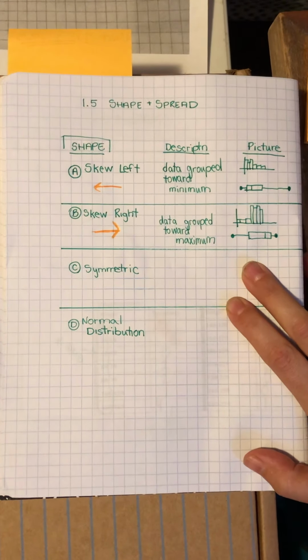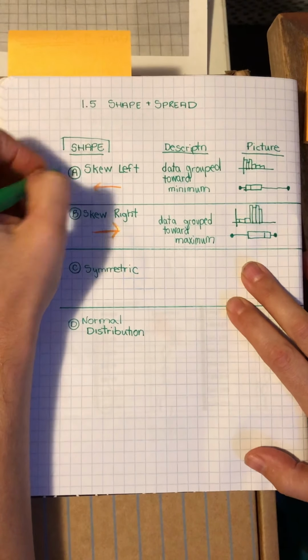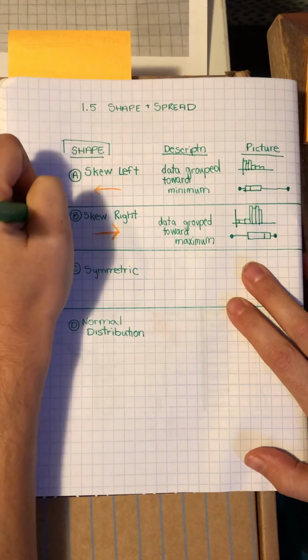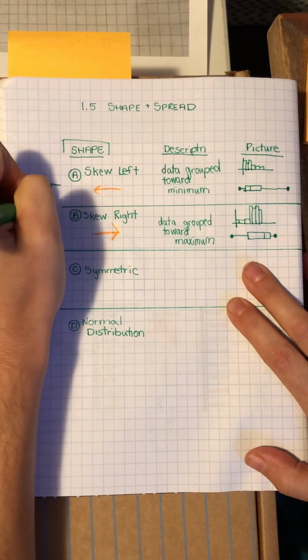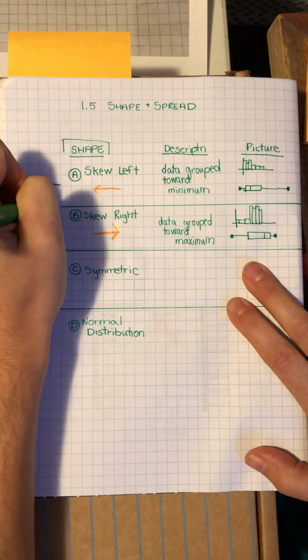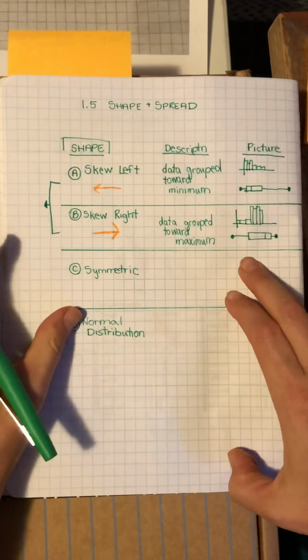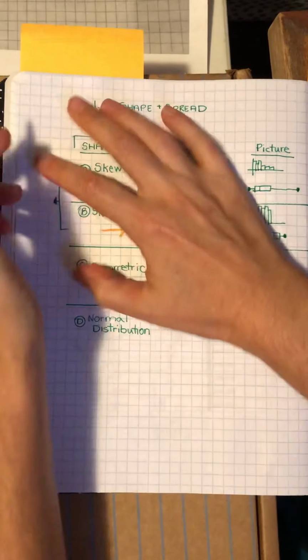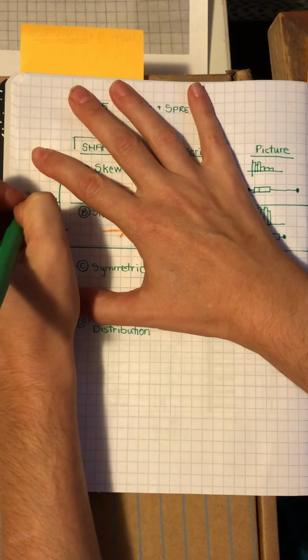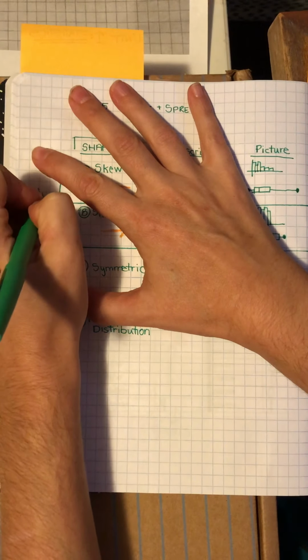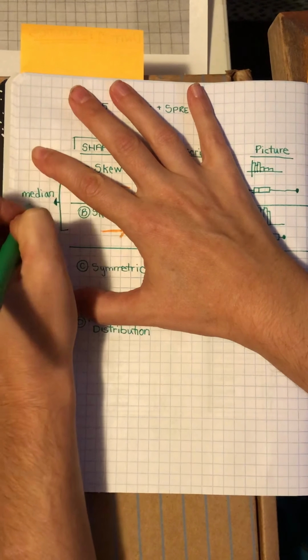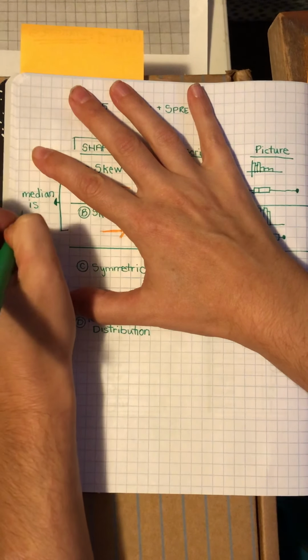And so for these two, what I want to write over here, and I was talking to a colleague, is that really for everything, you want to say that median is the best measure.